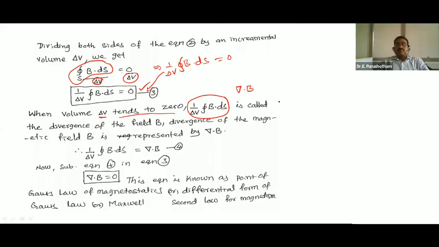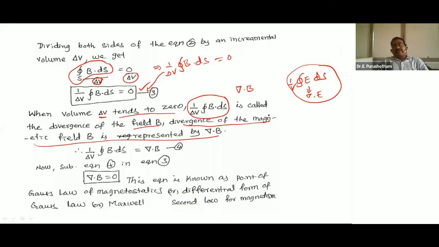Same formula: at that position, 1 by V surface integral of E dot ds is equal to del dot E. I discussed this in our previous class. Similarly, this 1 by delta V surface integral of B dot ds is called the divergence of field B. The divergence of the magnetic field B is represented by del dot B.